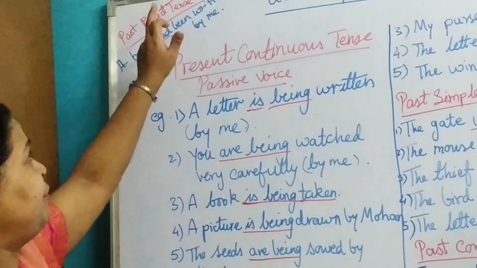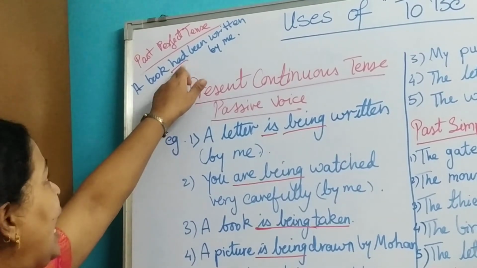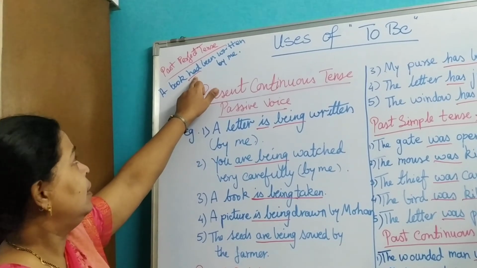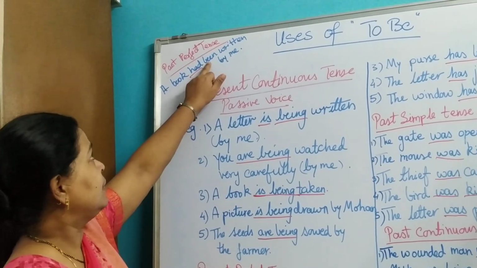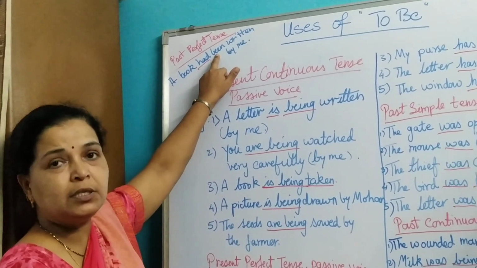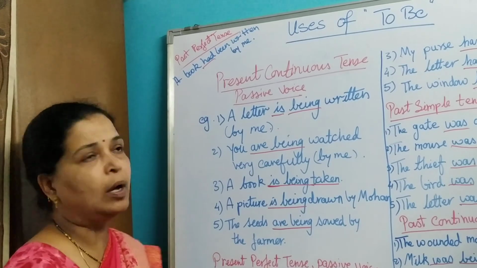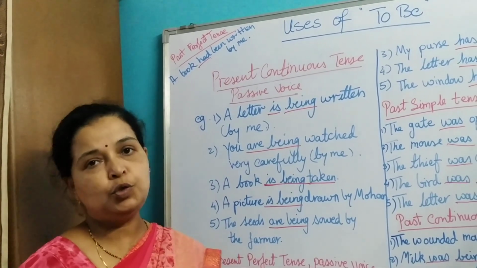In past perfect, we use had. Okay, so a book had been written by me. So had is the past form of to have. Then we have been, which is the form of to be. So had been is your helping verb and written the past participle of the verb to write.